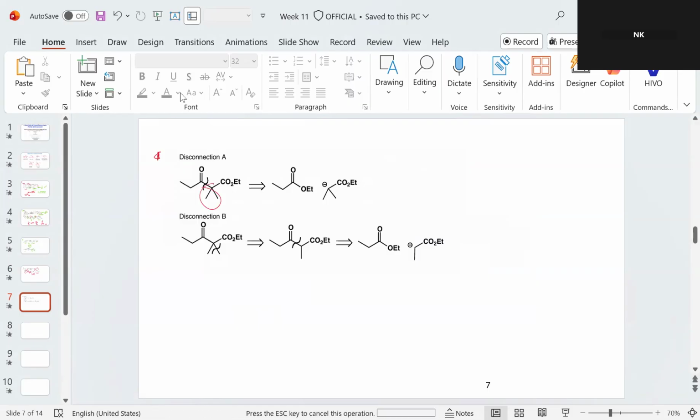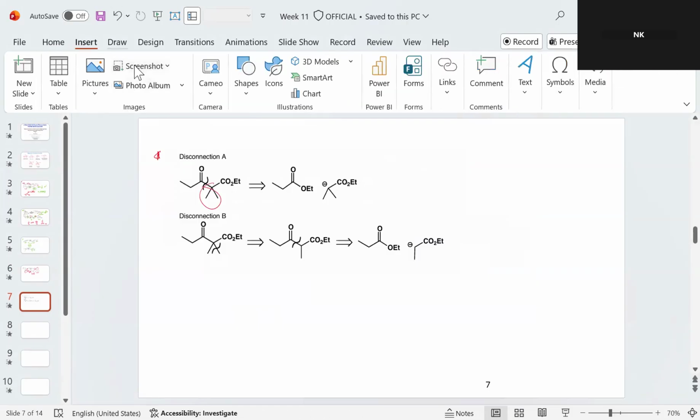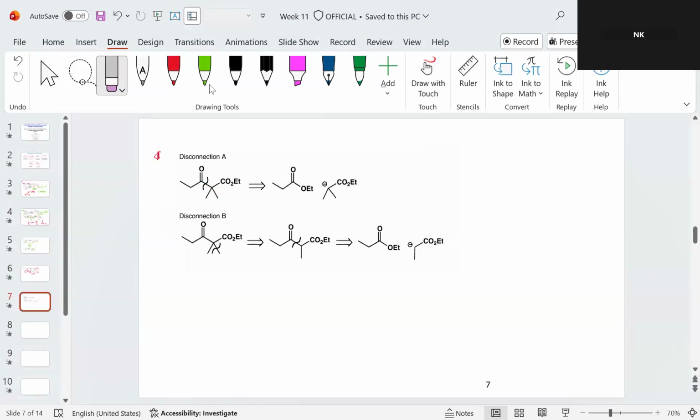If you look at this compound and expand the structure of this one, this is the CH2 with these two hydrogens. Particularly at this center, these hydrogens are more acidic.